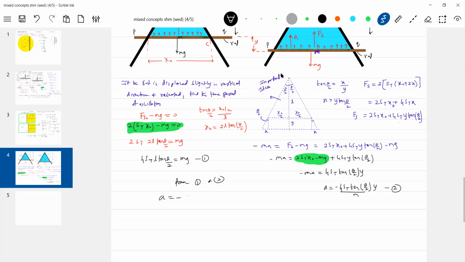So shall I write only L? Check it once. For ST tan theta by 2, m should become g by L. Okay, g by L.